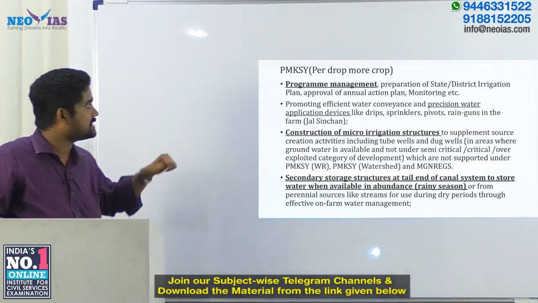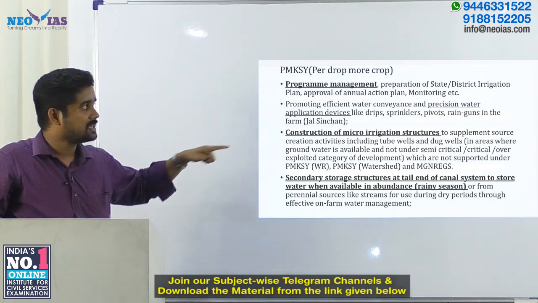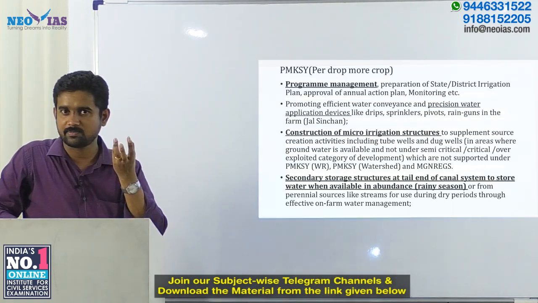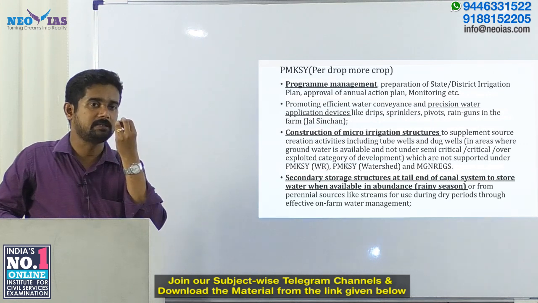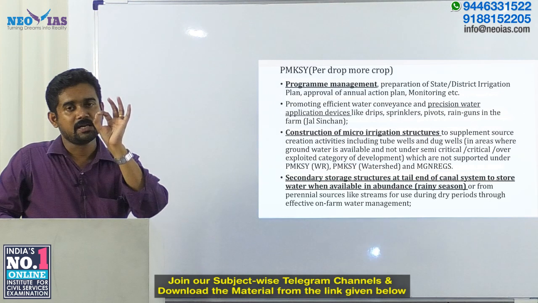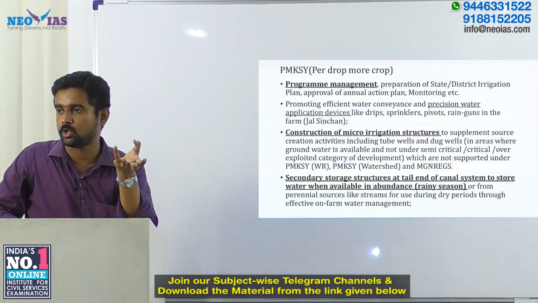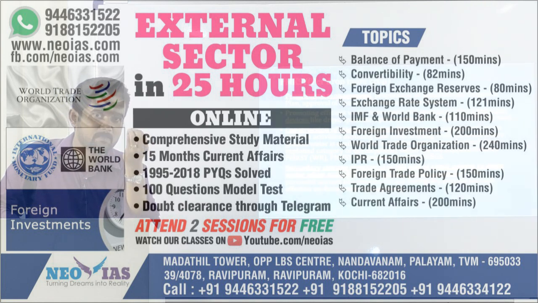or the fourth component, is taking care of program management, construction of micro irrigation structures, and precision water application systems like sprinklers, drip irrigation, drainage systems, etc., so that the water reaching a particular paddy field or crop field is utilized by many crops.